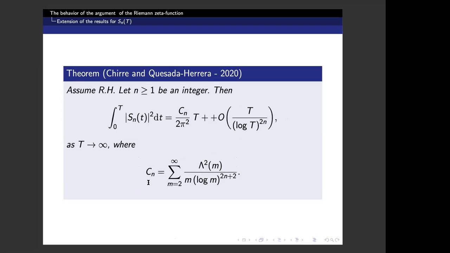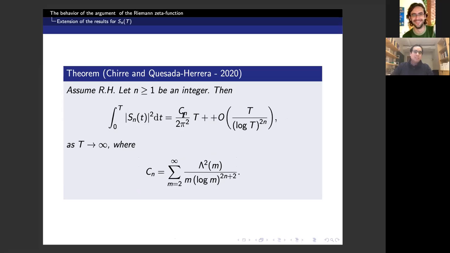Well, and finally, to talk about the moments of S_n, a classic result of Littlewood established that the second moment of S_n is big O of T. And in a recent result with Oscar Quesada-Herrera, we establish the constant here, which has this form, this series here.